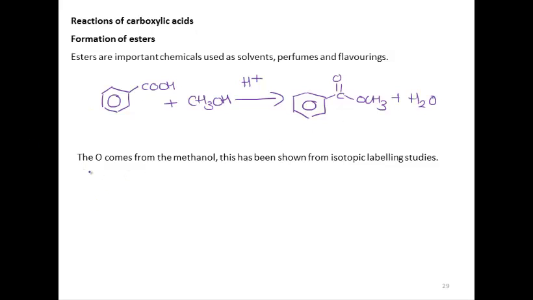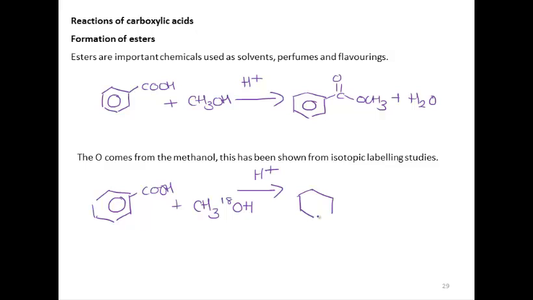Okay, the oxygen actually comes from the methanol in this case, and this has been shown from some isotopic labelling studies. So start again with our carboxylic acid, which is benzoic acid, and if we label our oxygen, again, presence of H+ catalyst, then we get our ester.